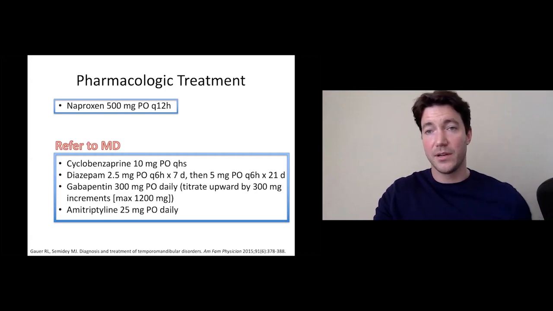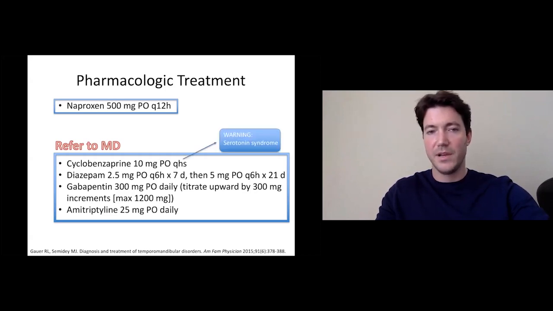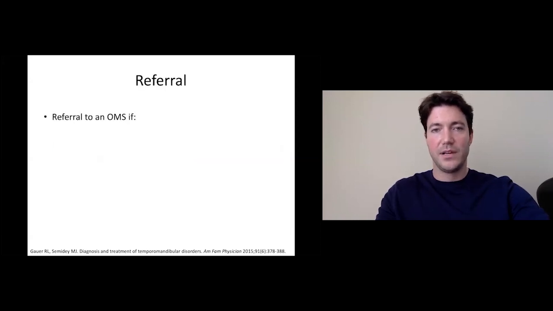We can potentially try something like that with Botox. And then the other medications we talked about, I would just refer to the family doctor with the complaint of TMD to possibly try some of those medications. And again, serotonin syndrome, we won't talk about that, but that's one of the things that you can cause with those medications.